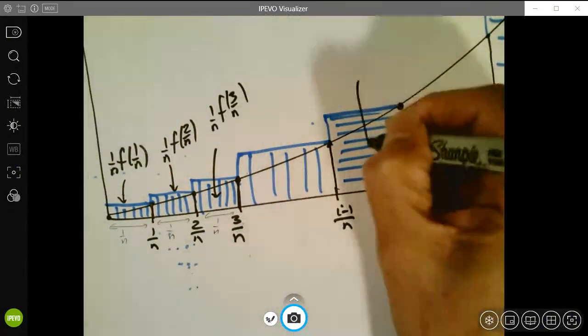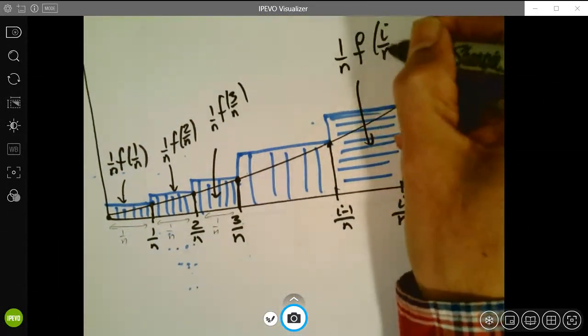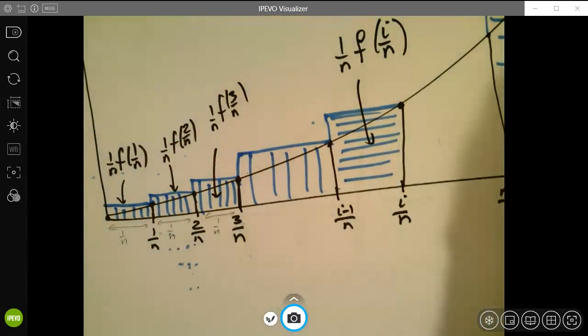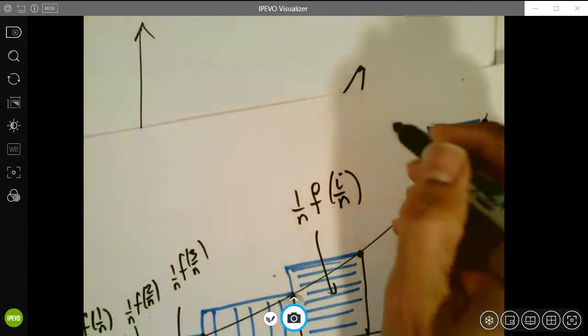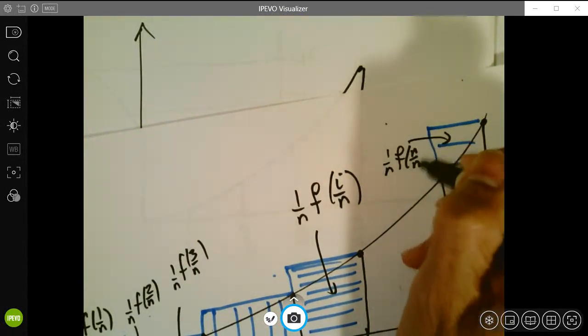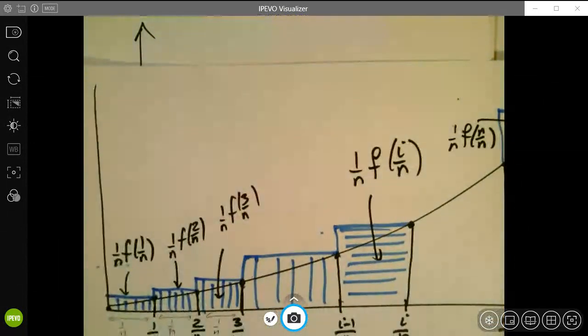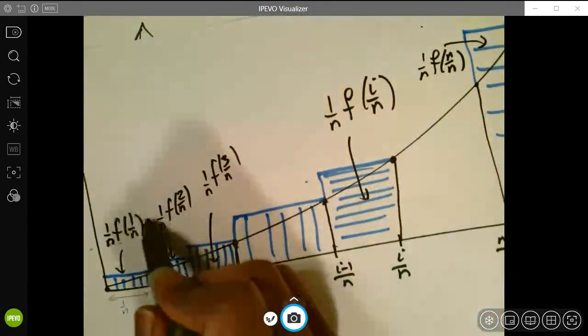Now, if I go to this one, it will be 1/n, f of i/n. So if I go all the way to this one, it will be 1/n, f of n/n, which is f of 1 in this case. I'm just giving you an example. Now, if it's surface area, you just add them up.